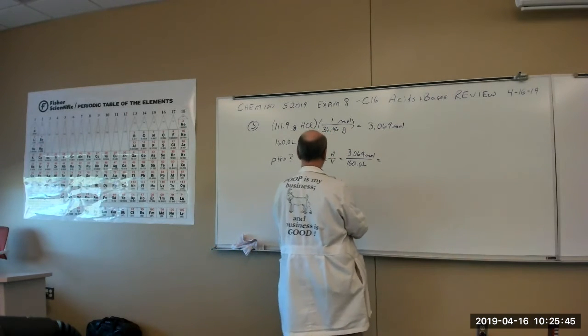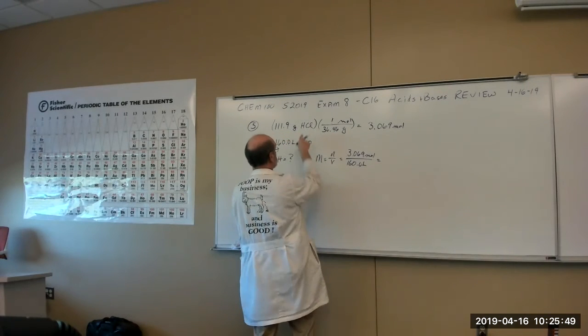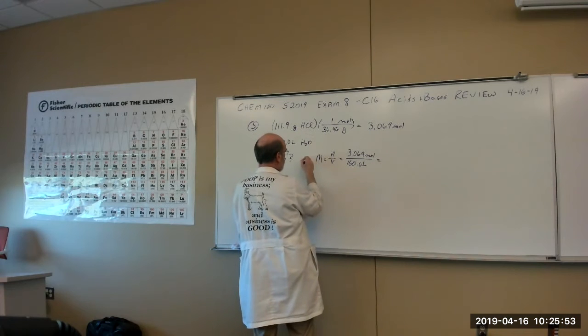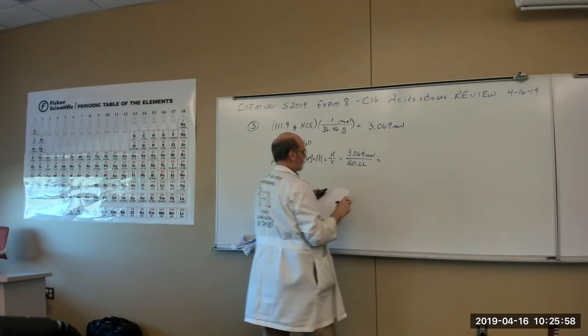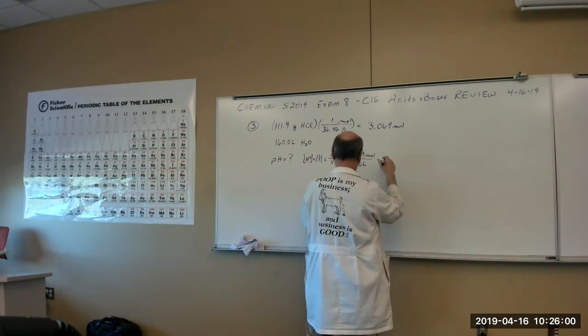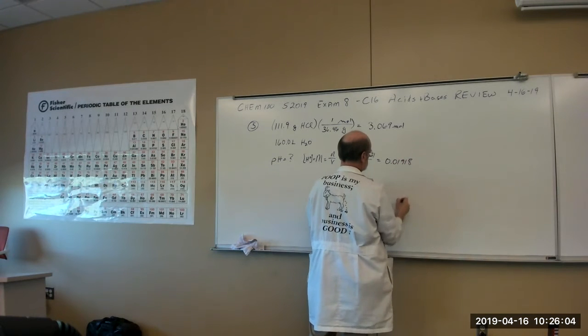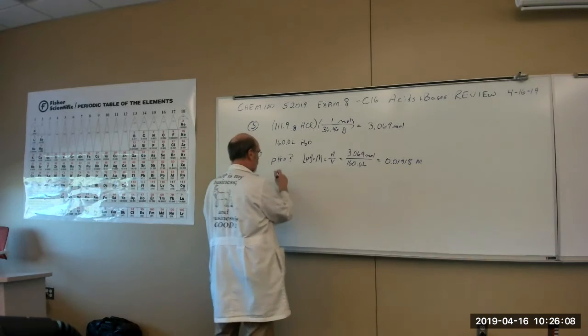Gives me, and this is hydrogen ion concentration because there's only one hydrogen per HCl, so this is also that, 0.01918 molar hydrogen ion concentration. And then calculate the pH.